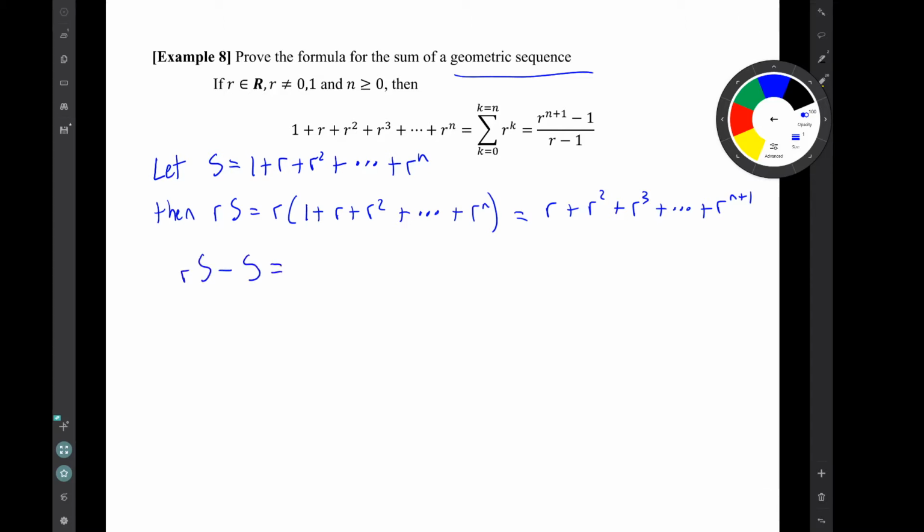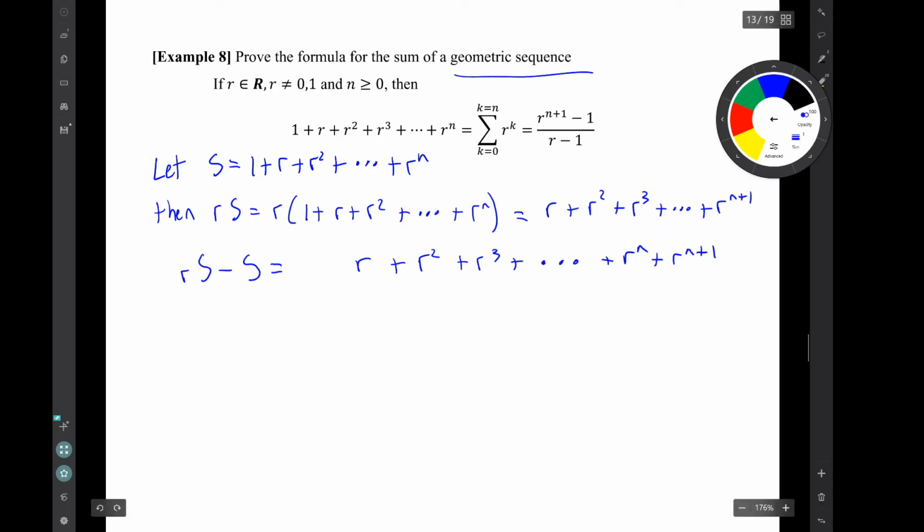Now I'm going to stack these above each other. There's my expression for rS. Notice that I have unhid one term. That term was hidden in that ellipsis, in that dot, dot, dot notation. It's been revealed here. I unhid it. But what I have so far is just simply rS.